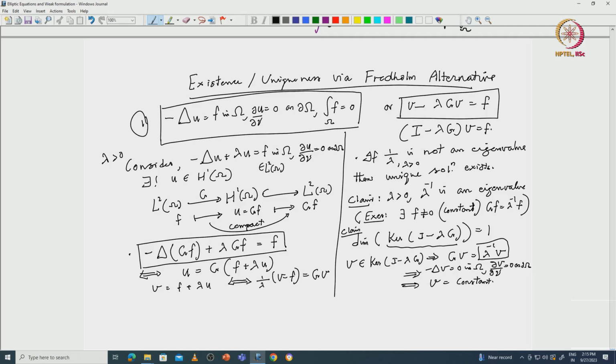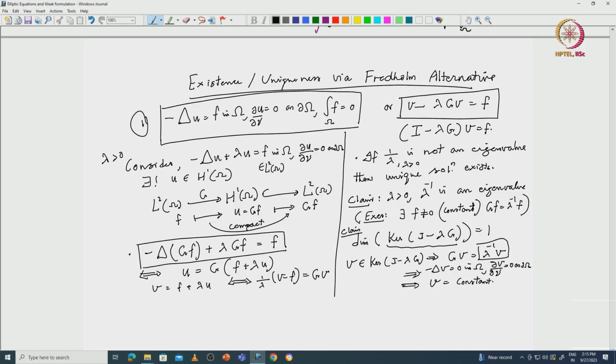But what does that mean? This actually implies that minus Laplacian of V equal to 0 in omega. You can check that if you are not convinced, dV by d nu equal to 0, okay, on d omega. Because GV is a solution to this one. So that means you will get immediately these two conditions.